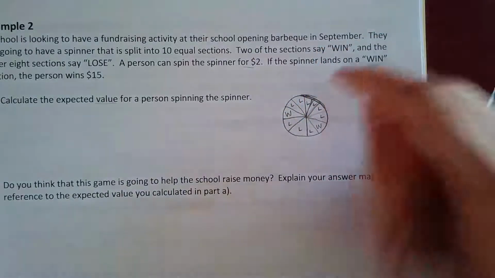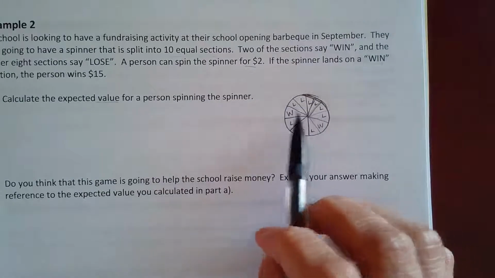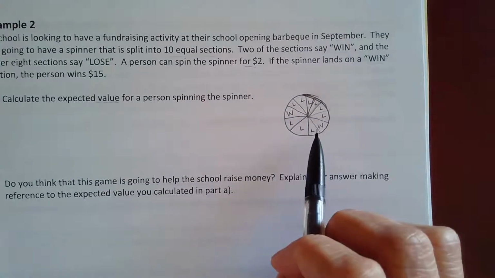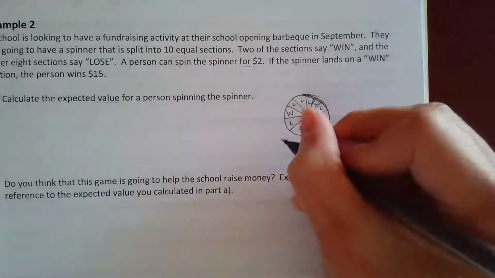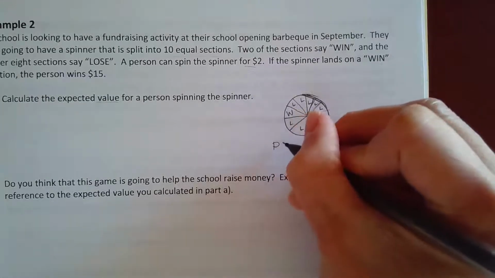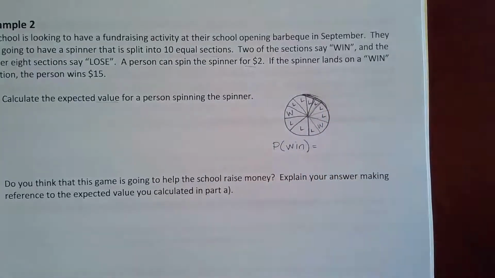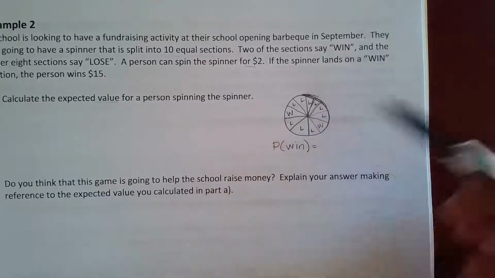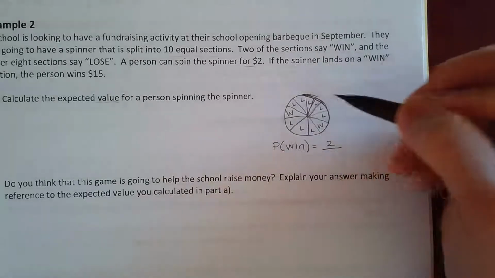Okay, so here's a spinner. And so when you have something like this, what is the chance that we're going to win? The probability that we're going to win in this case is there's 2 wins out of all possible outcomes.